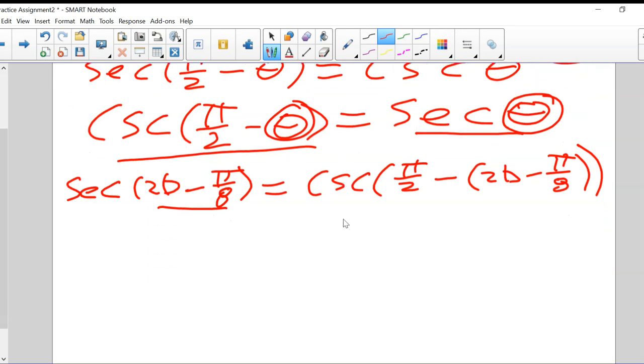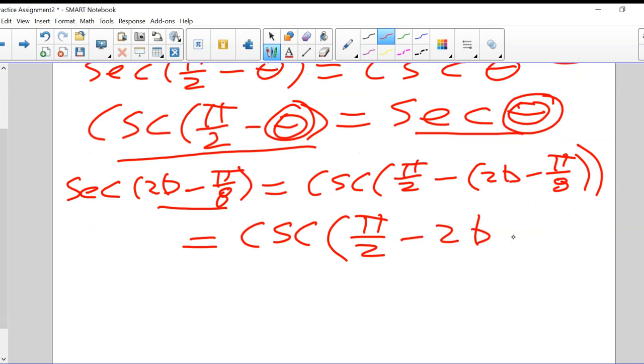So I can simplify the right-hand side. That's equal to the cosecant of pi over 2 minus 2b plus pi over 8. Remember, I'm minusing a minus, so it becomes a plus.